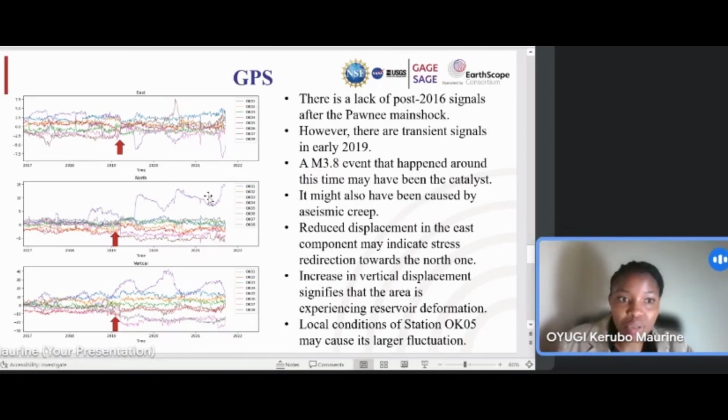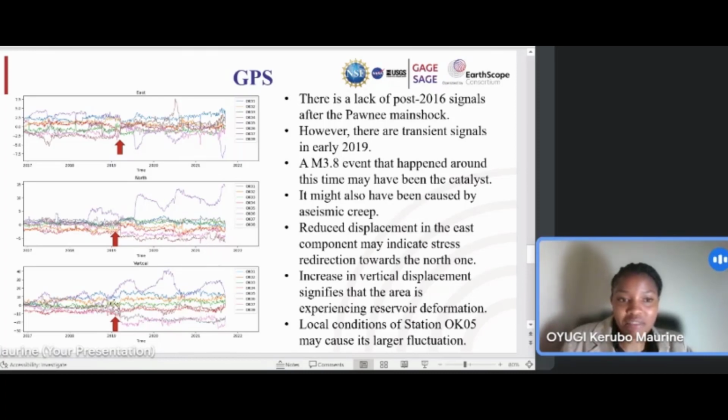It may also be caused by seismic creep, considering that after 2019, there were no major aftershocks in the region. A reduction in displacement in the eastern component may indicate that there is a stress redirection towards the northern component, considering that there is an increase in displacement in the northern component after 2019.